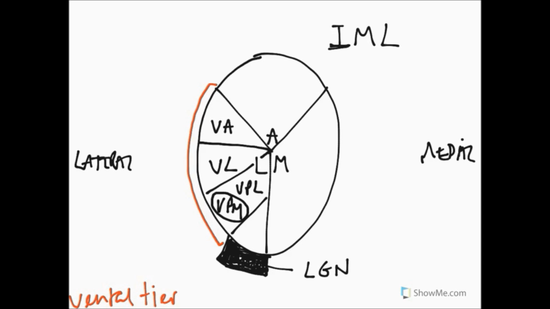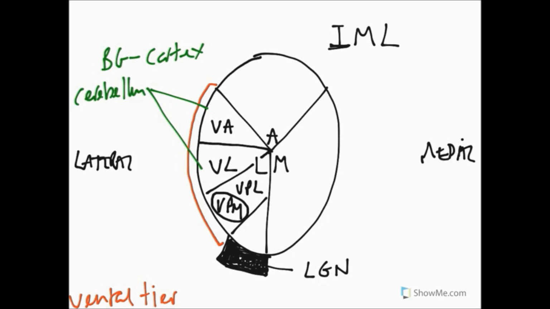So these are quite important, and I'll tell you why. The VA and the VL are associated with relays from the basal ganglia to the cortex and from the cerebellum to the cortex. These are the cerebellar cortical loops and the basal ganglia motor loop.